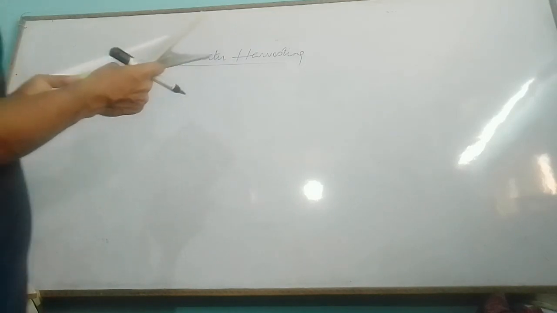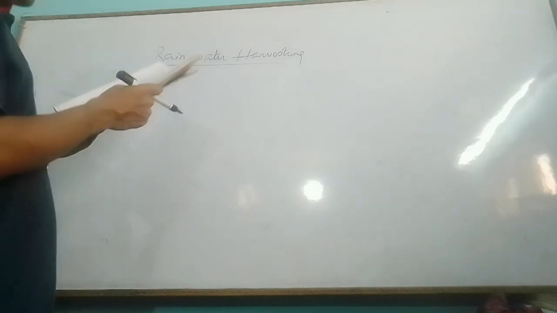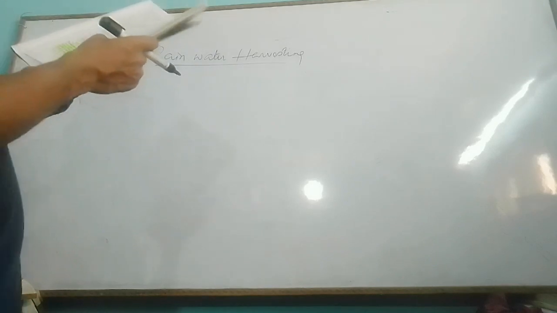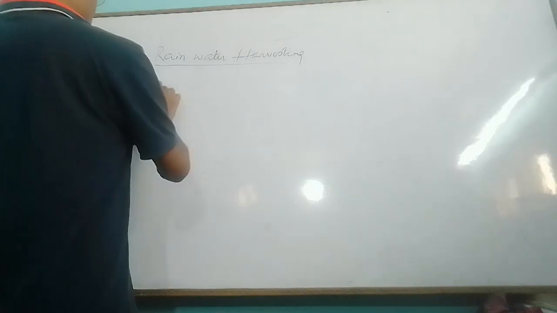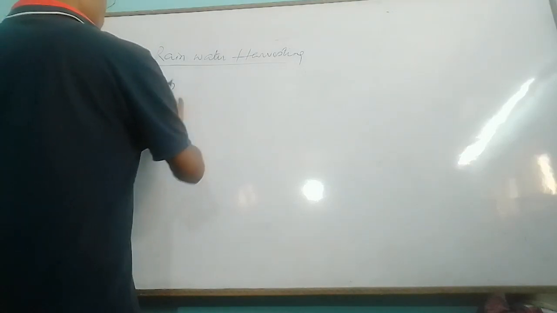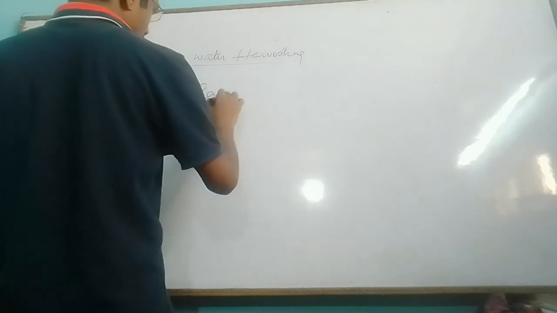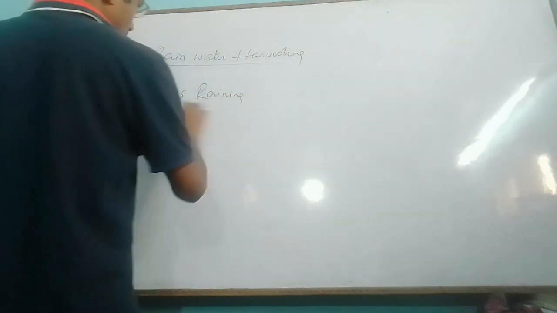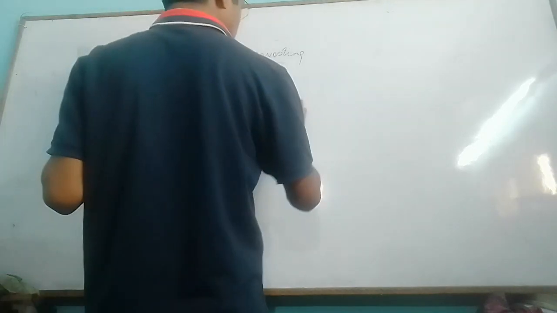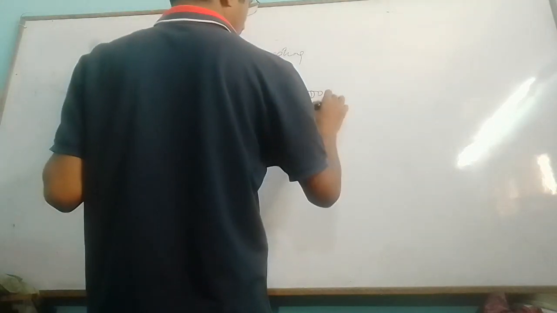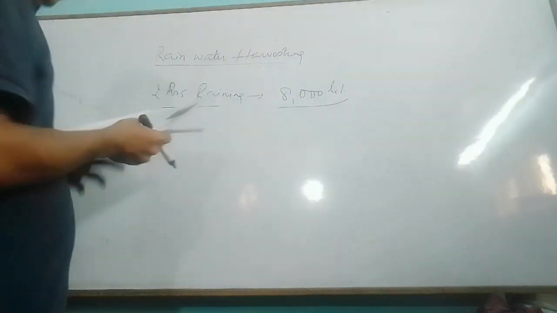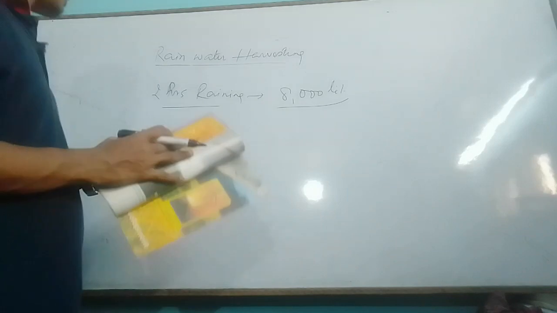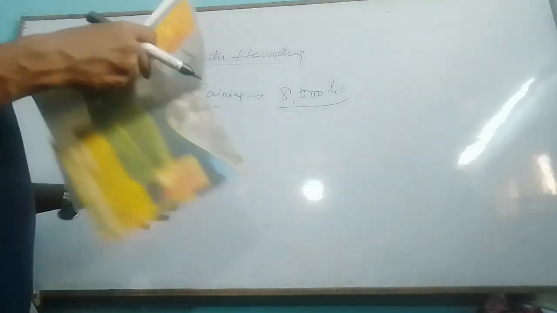On an average, one spell of rain for 2 hours is enough to save 8,000 liters of water. Suppose it rains for 2 hours, meanwhile you can store almost 8,000 liters of water. So this is an important thing which you have to keep in your mind.